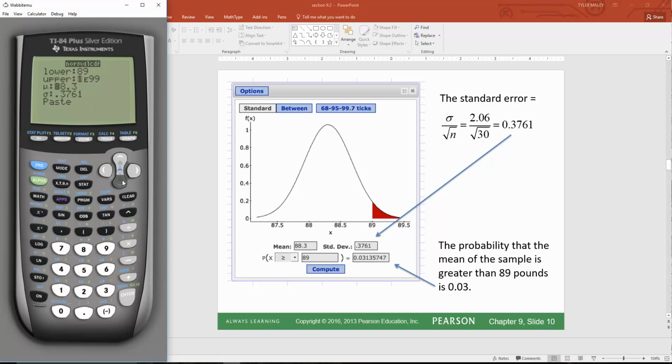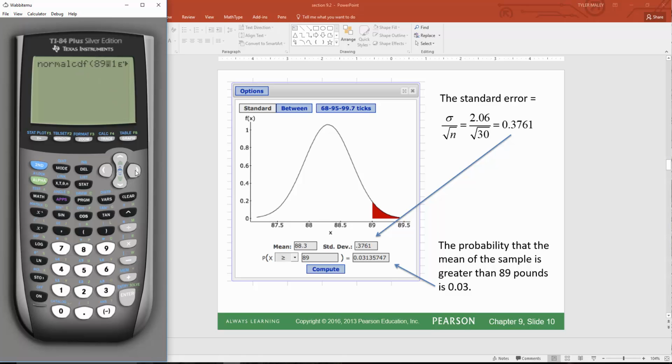If we go to this and hit paste, then remember, if you don't have the updated version in your calculator, you just have to type this in order. You go to the normalcdf function, and it gives you the open parenthesis.